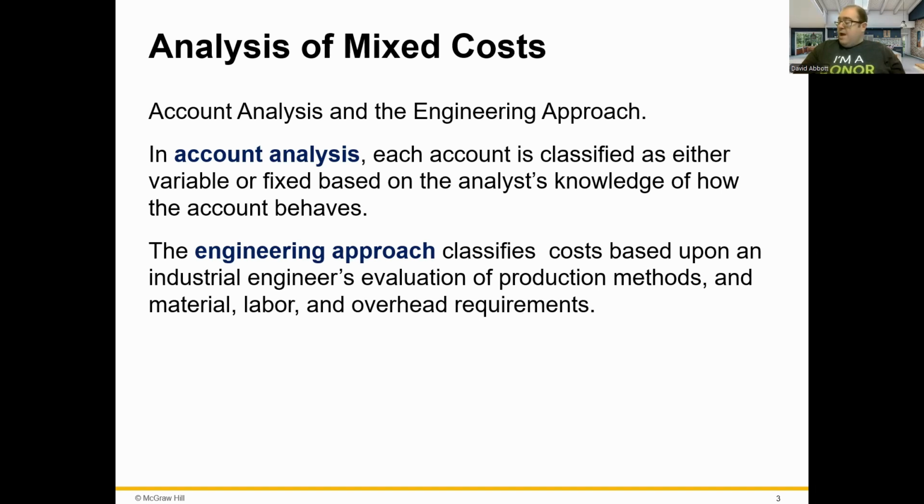For example, direct materials would be classified as variable because it's going to vary based upon how much is used. Building lease would be a fixed cost because of the nature of how that account behaves. A lease is usually based on the square footage, and that's not going to change.